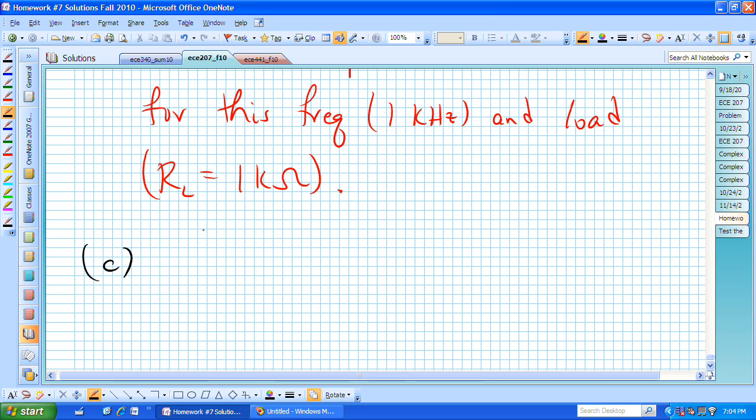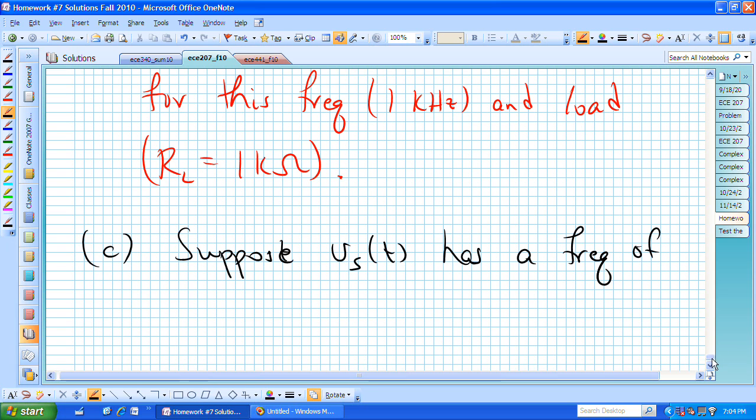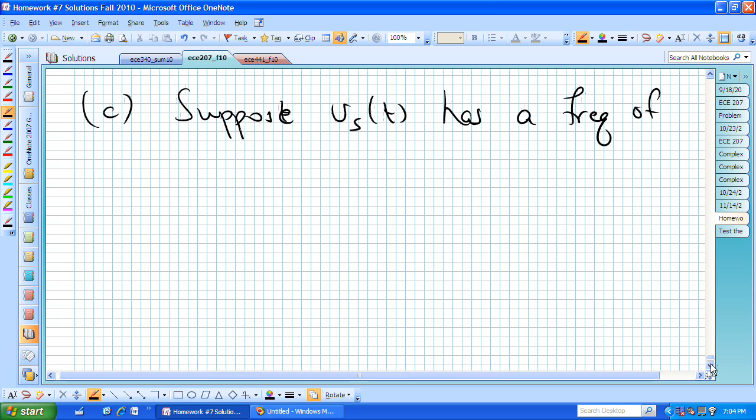And this is different from part B only in that now we want to suppose that V sub S of t has a frequency of what we had in part B. Now we have a frequency for V sub S of 1 kilohertz and a load resistor R sub L that is smaller than what we had before.